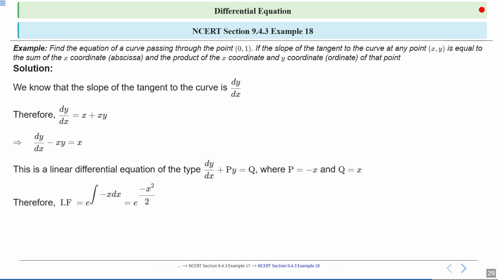So now you have a value of p, so we can calculate integrating factor, and the integrating factor is given by e the power integration of p dx, that is minus x dx, and the integration of minus x dx is minus x square by 2, so e the power minus x square by 2.